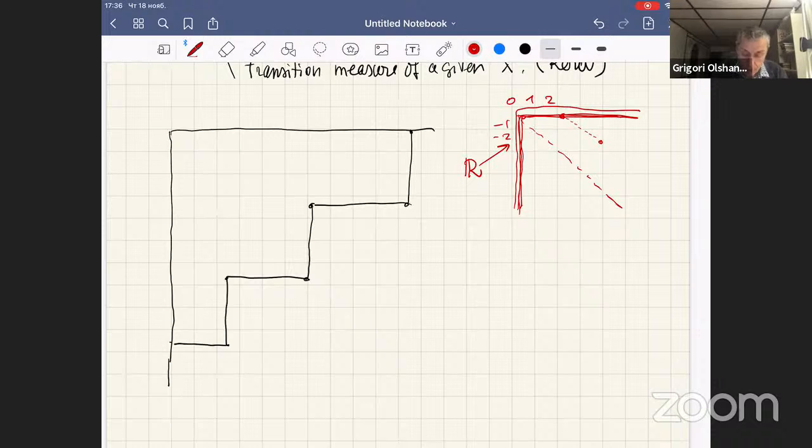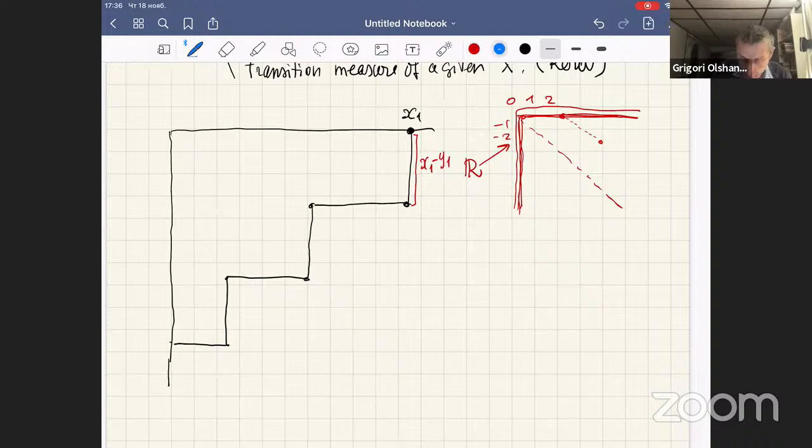And now what is important to notice in connection with the Kerov diagram? So this point is x1, and maybe this length is x1 minus y1.